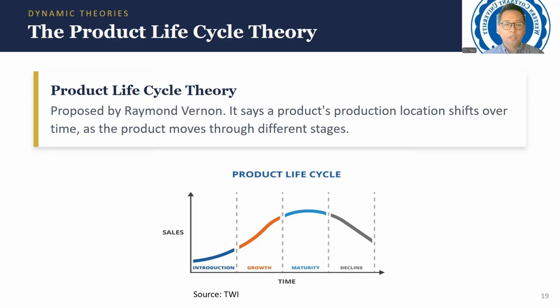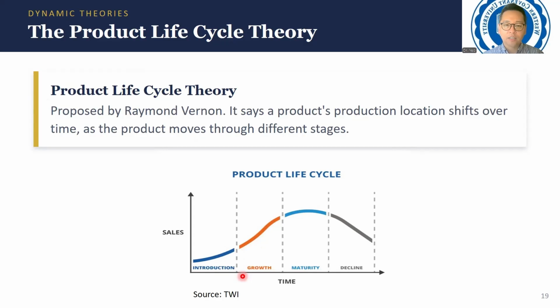Next comes the growth stage. The product becomes a huge hit. The demand is increasing dramatically, not just at home, but all over the world. To keep up, the company starts mass producing it. But here's the catch.